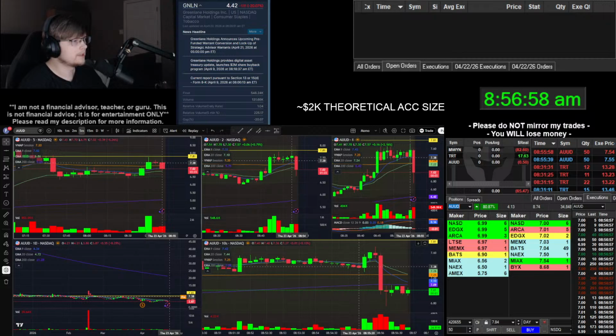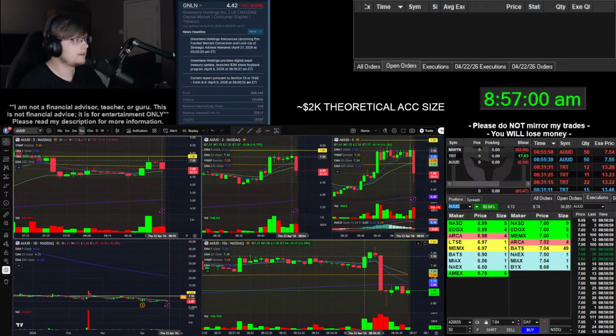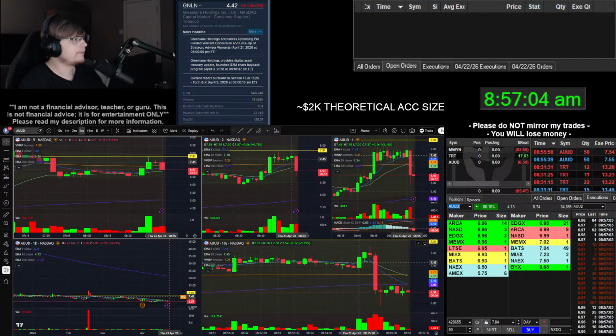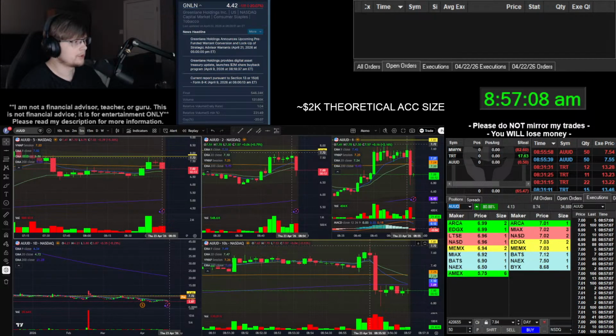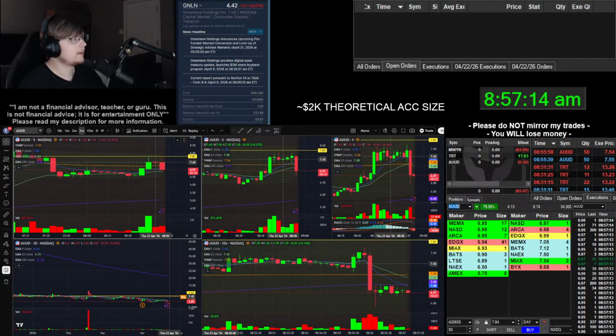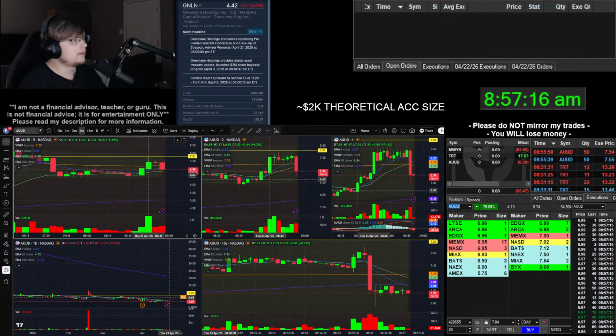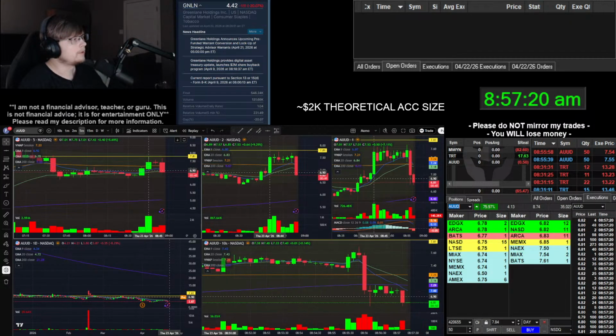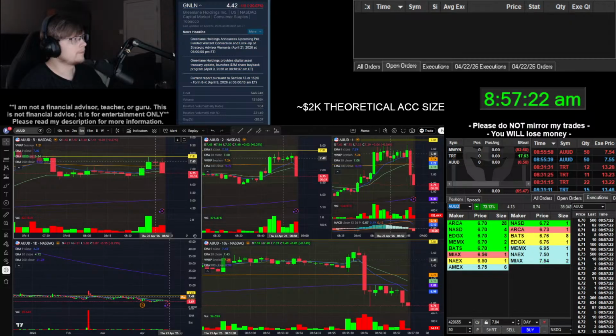What I did here was I saw this pop back through 50, so I thought we might have a surge of buying volume and push through 80 because of this entry candle. It's kind of like a rubber band, or a rope in a tug of war.